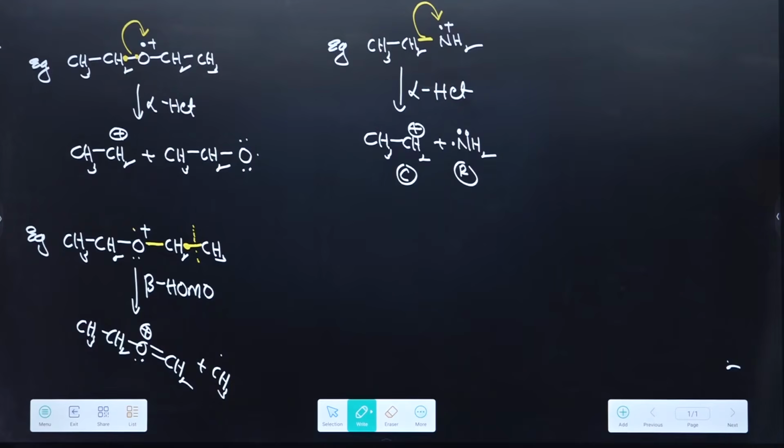That is the use of generating the radical cation first. You need to know where we are generating the radical cation.